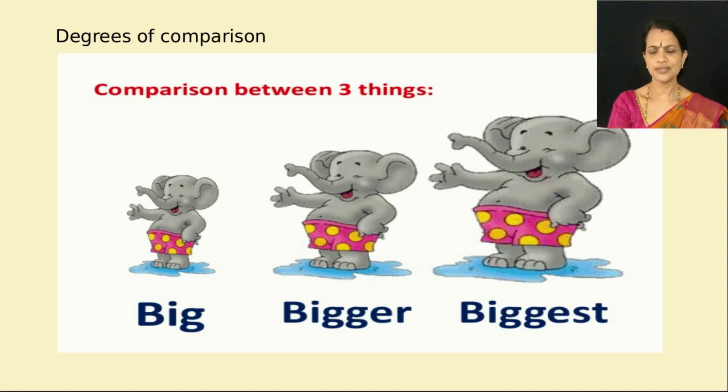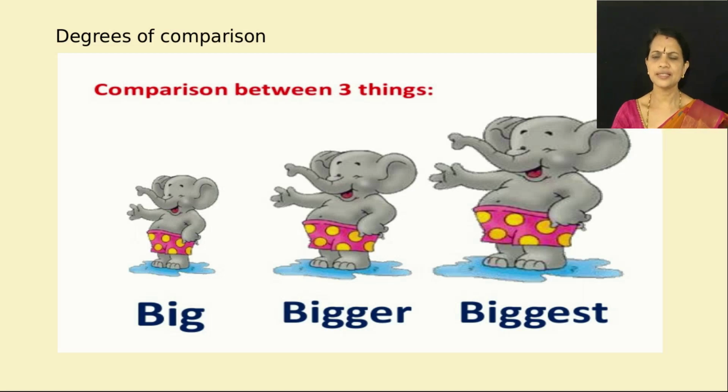No other animal is as big as elephant A. When B is compared, B is bigger than any other elephant. For C we use the superlative degree, the biggest. C is the biggest of all. Similarly, we can use small, smaller, smallest.